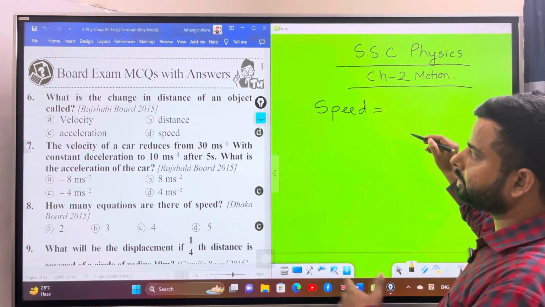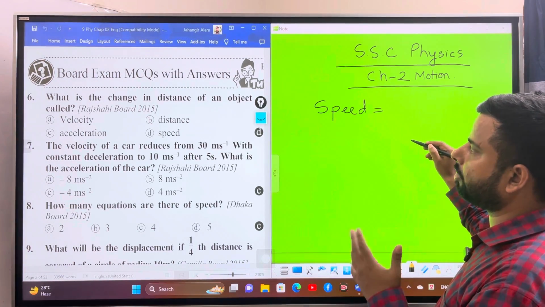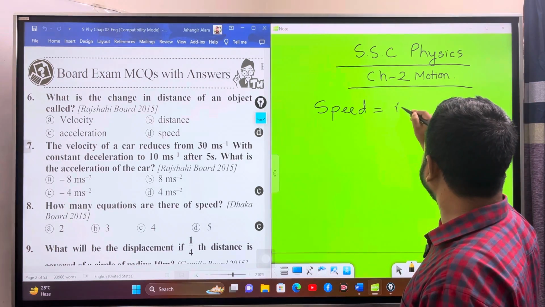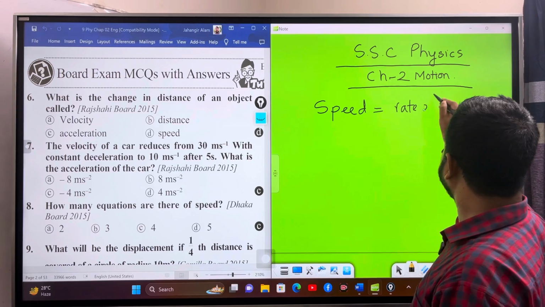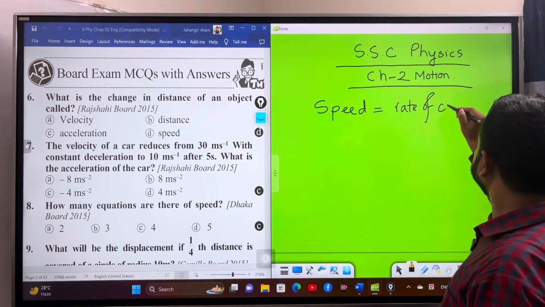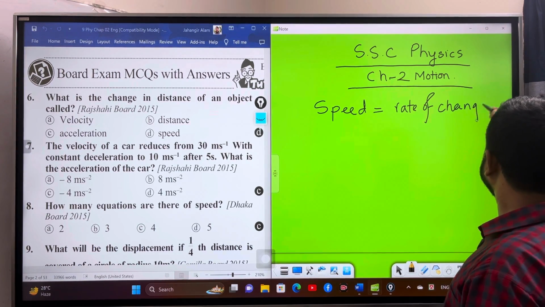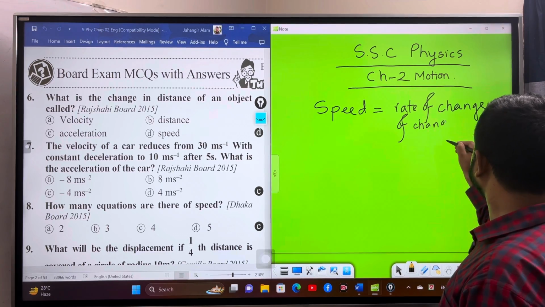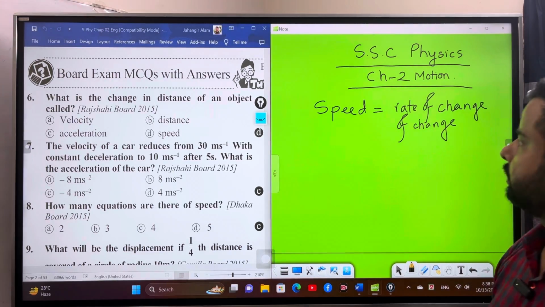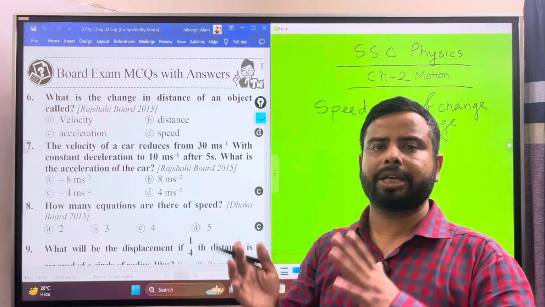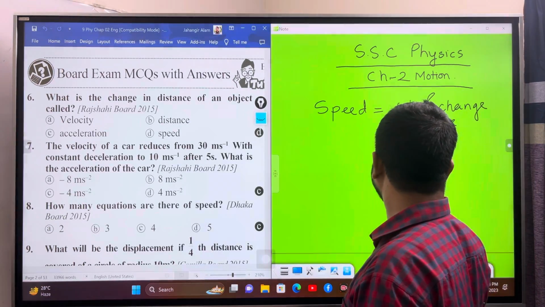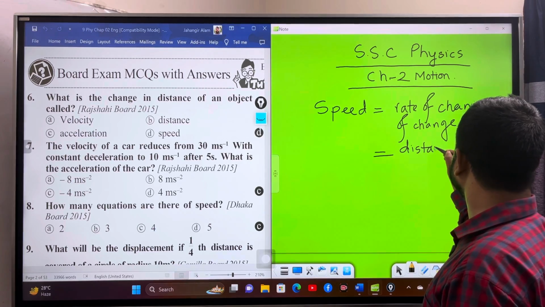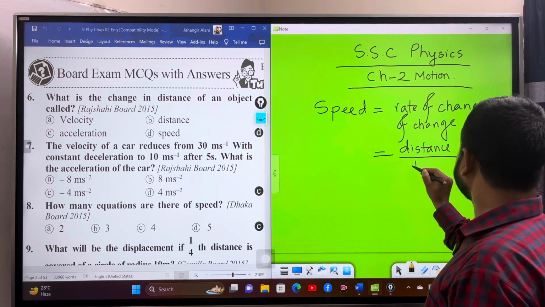Remember, rate of change of distance is called speed. So speed equals distance divided by time taken.